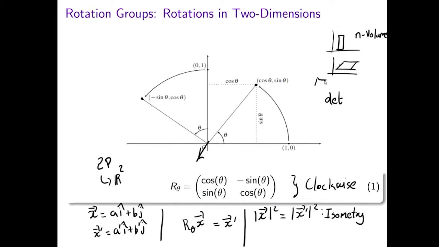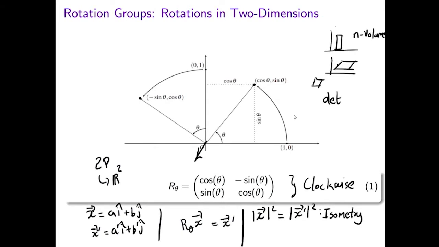And if it's in the opposite orientation, that's why your determinant has the negative sign. What do I mean by n-volume? In the 2D case it's area, in the 3D case it's volume, in the 1D case it's just the length of the line. So since we're in a 2D plane, if you want your line to have the same length, your area needs to be constant.